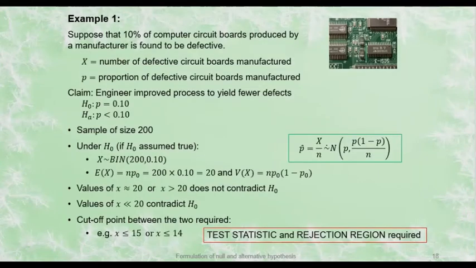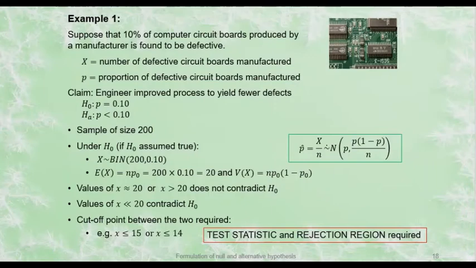Now look at another example. Suppose that 10% of computer boards produced by a manufacturer are found to be defective. X is the number of defective boards, and p is the proportion of defectives, or probability of defect. There is a claim: the engineer improved the process to yield fewer defects.